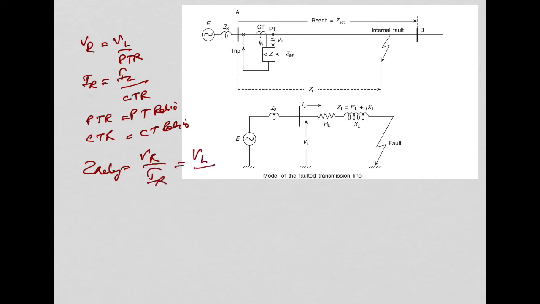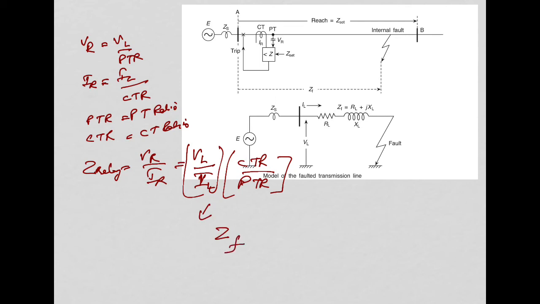So substituting the value of VR and IR as VL divided by PTR and IL divided by CTR, we know that VL by IL is ZF, the fault impedance.